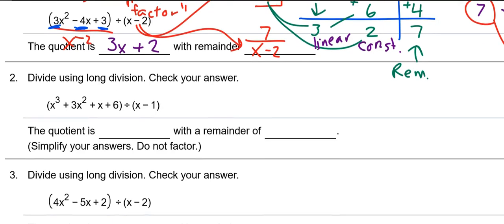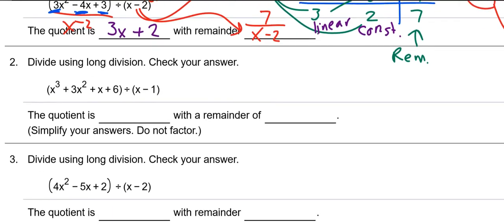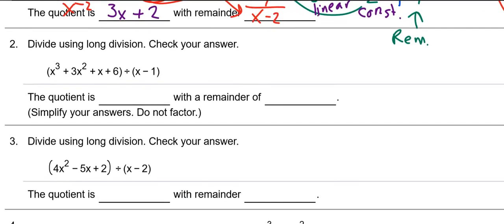Now, I'll show you, if we run into a different type of problem, how I write it. So once again, all synthetic division, no long division. What's the 0 that you get from x minus 1? Well, it's positive 1. Your coefficients are 1, 3, 1, 6.